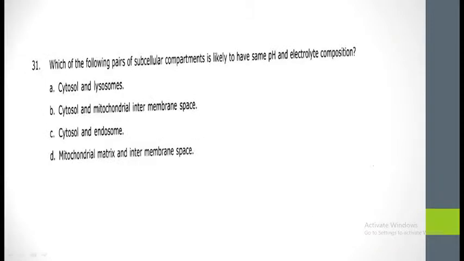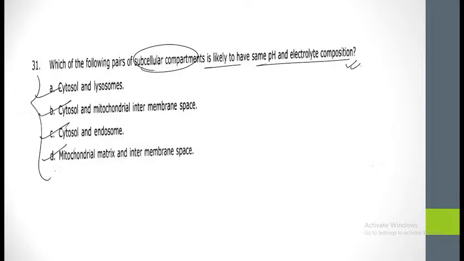I hope it's clear. Next question is that which of the following pairs of the subcellular compartments is likely to have the same pH and the electrolyte composition. Take your time and mark the answer for this particular question.